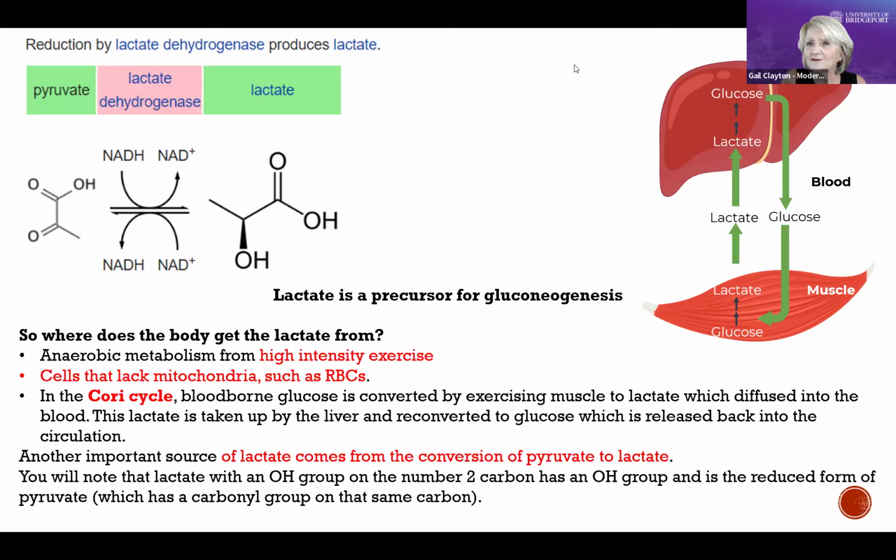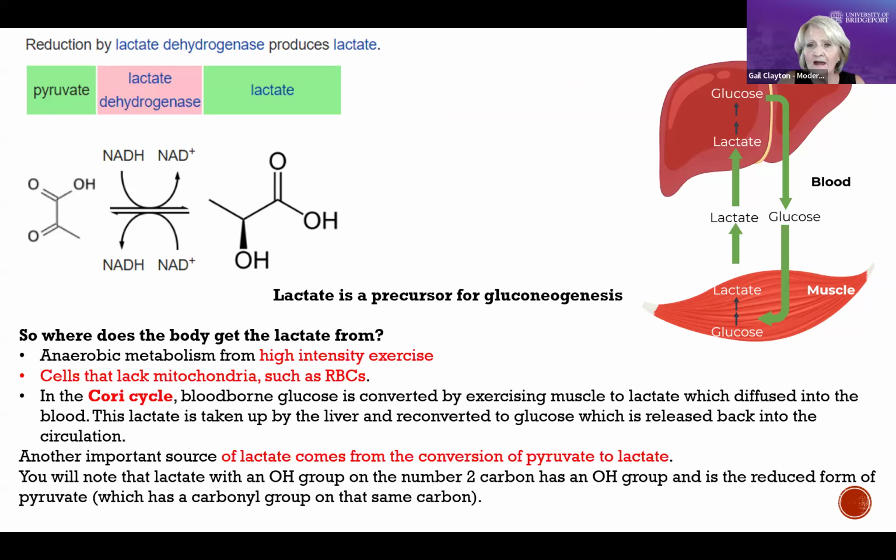And when you're exercising and you get that burn, that's that lactate buildup. So the lactate is taken back to the liver and turned into glucose. So that's called the Cori cycle, where we actually can use lactate as a fuel.